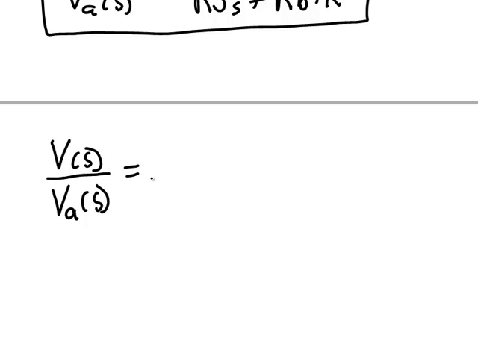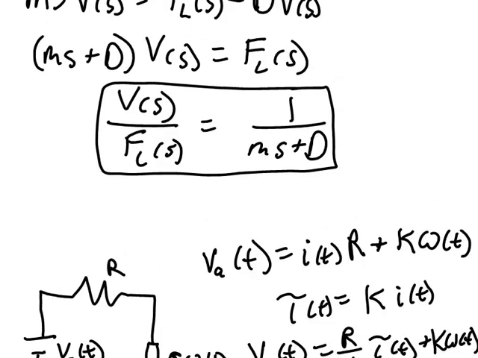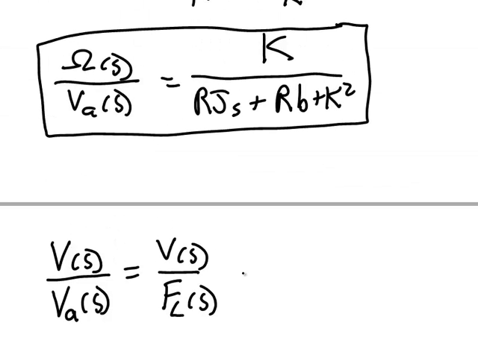I could take V of S over FL and I could multiply that by omega of S over VA of S, and I need one more equation.